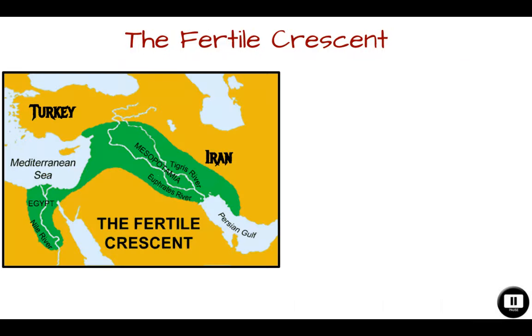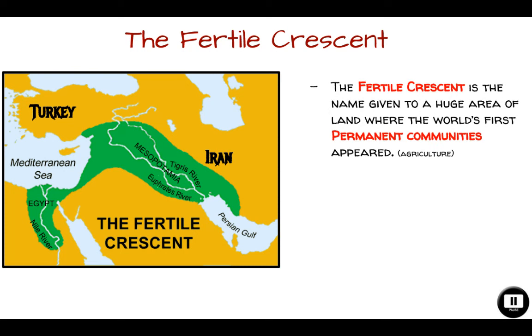Again, it would have been some of the best farmland on the planet roughly 5 to 6,000 years ago. So the Fertile Crescent is the name given to a huge area of land where the world's first permanent communities appeared. And within this band, roughly 5 to 6,000 years ago, you would have found the world's first agricultural communities where people were practicing agriculture and building very densely populated centers, eventually forming cities in this green band across the Middle East.